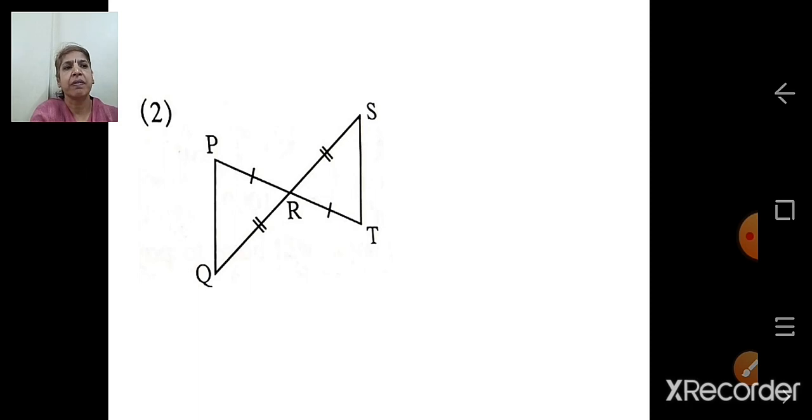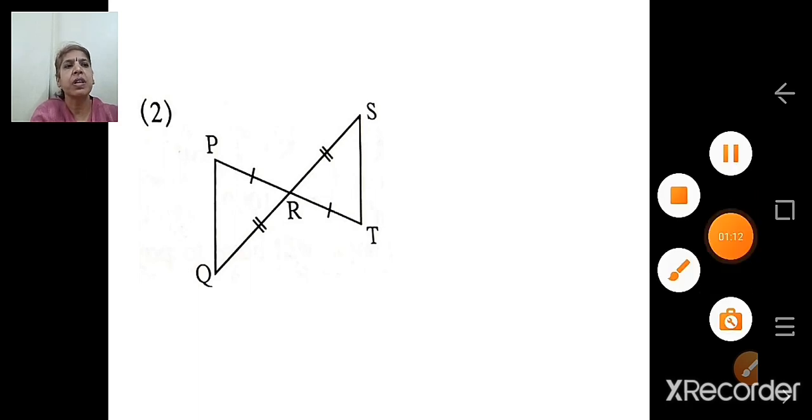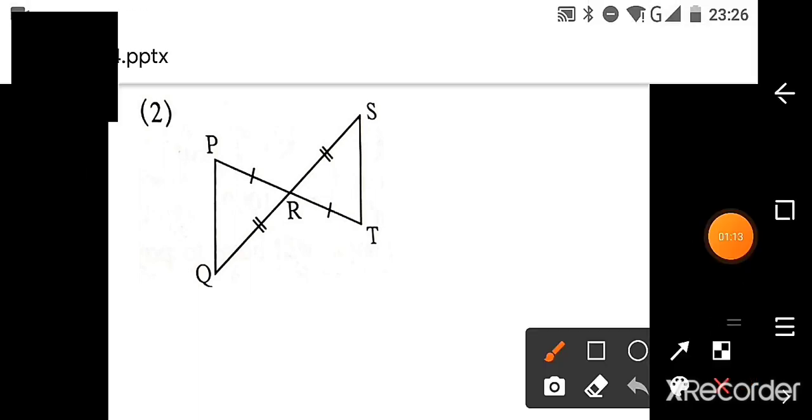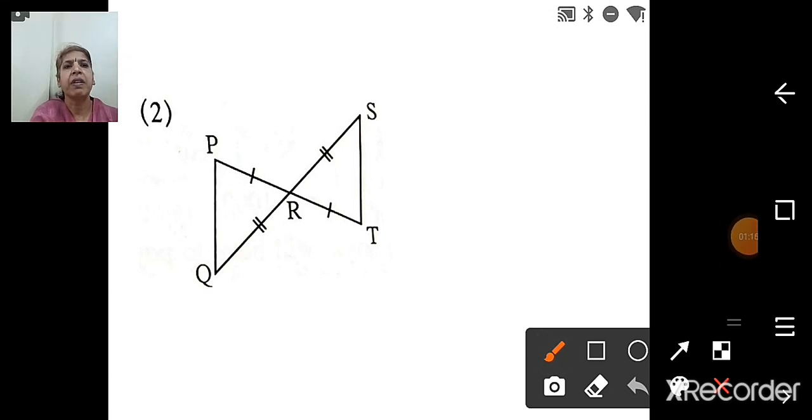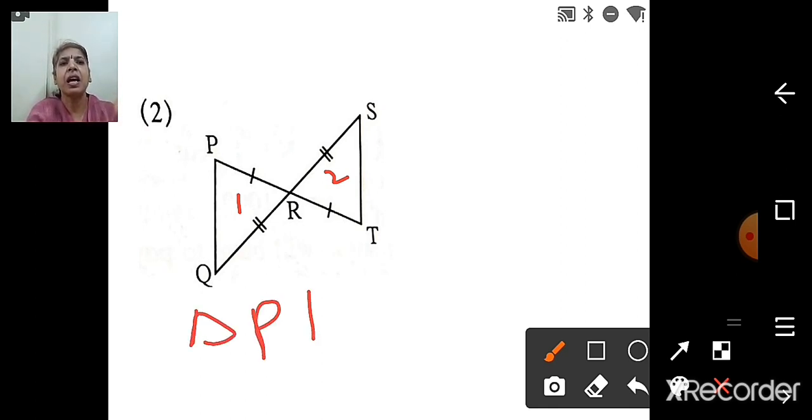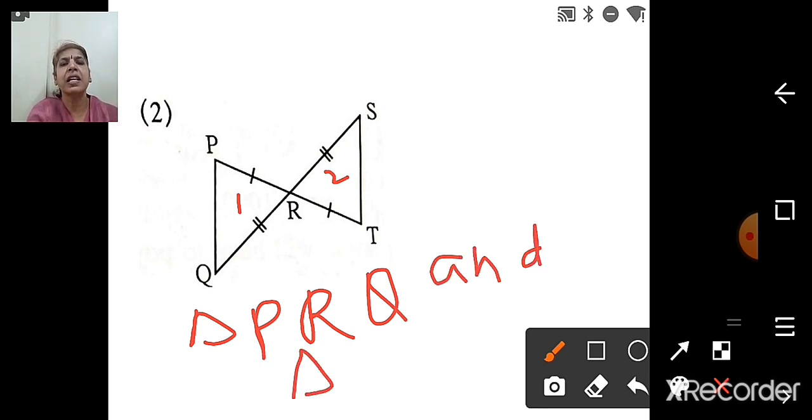Second question. Now you have to observe the figure properly. When you observe the figure, the two triangles are there. So according to the triangle name, you will take the corresponding parts. If first one we are taking as triangle PRQ, then the next one is triangle TRS. Now observe the vertices.